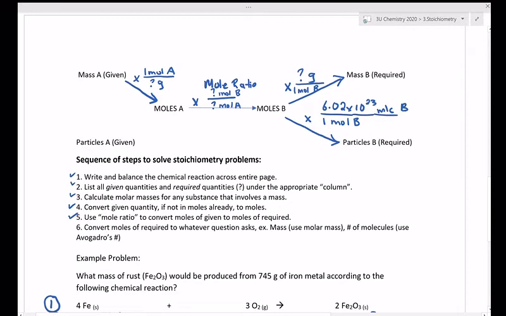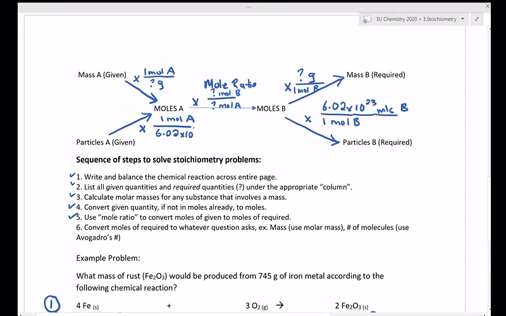Okay, and then just while we're at it, our question started with a mass, but there's no reason our question couldn't have started with, oh, you have so many molecules of substance A, and then ask you about something else. So had that been the case, you would again try to get to moles, and to do that, you would have had 1 mole of A, and then you'd have your particles on the bottom.